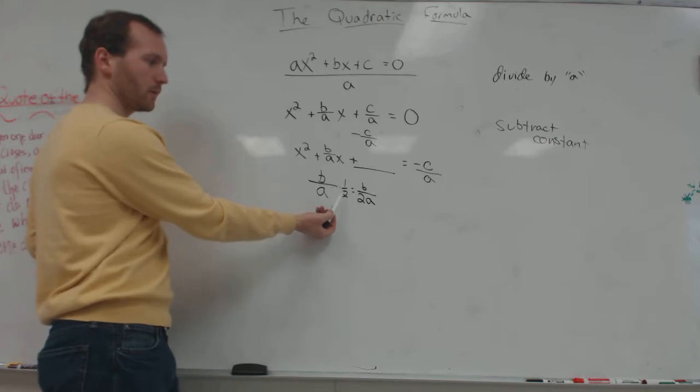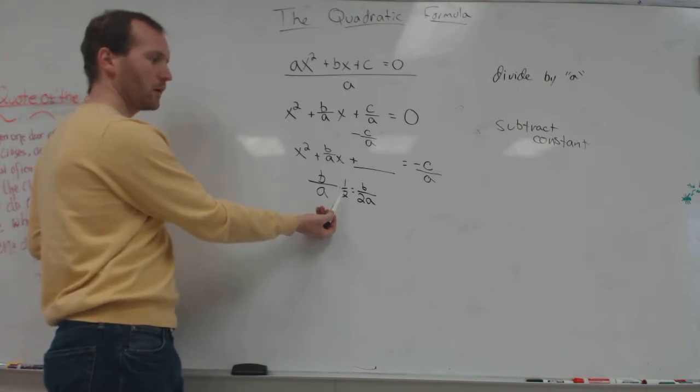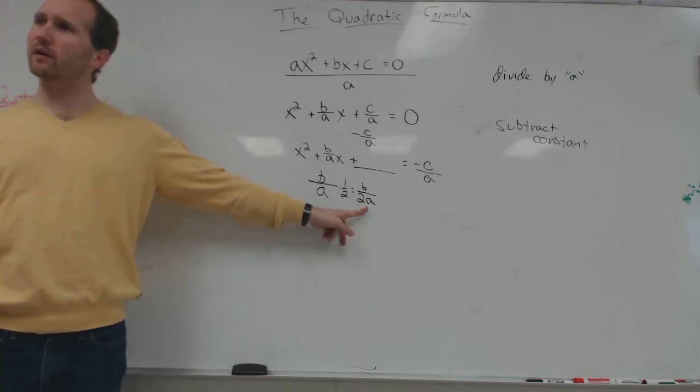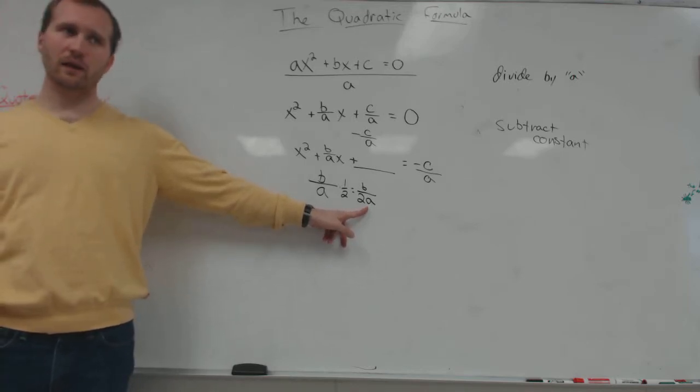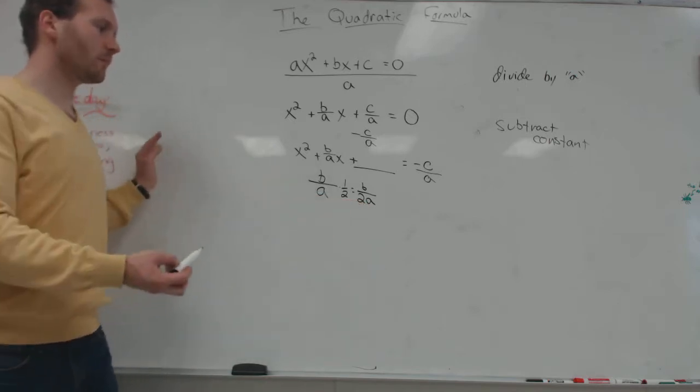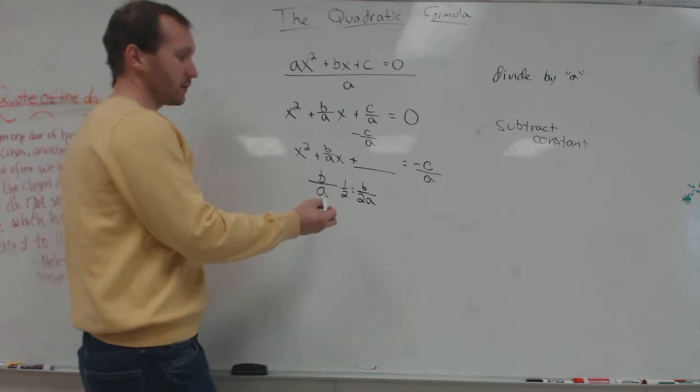Right? Yeah, so isn't that kind of interesting? That's kind of where the x coordinate of the vertex comes in, at negative b over 2a. It's not just a coincidence.